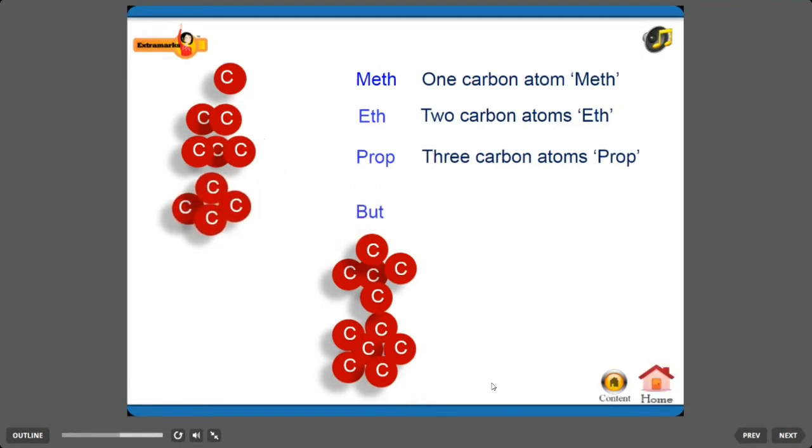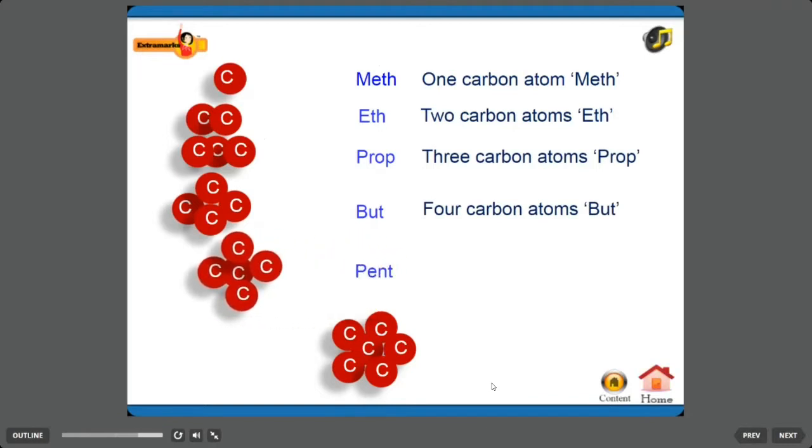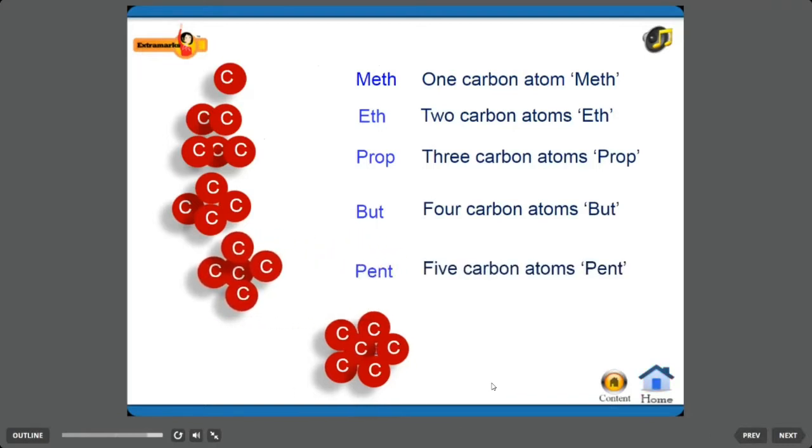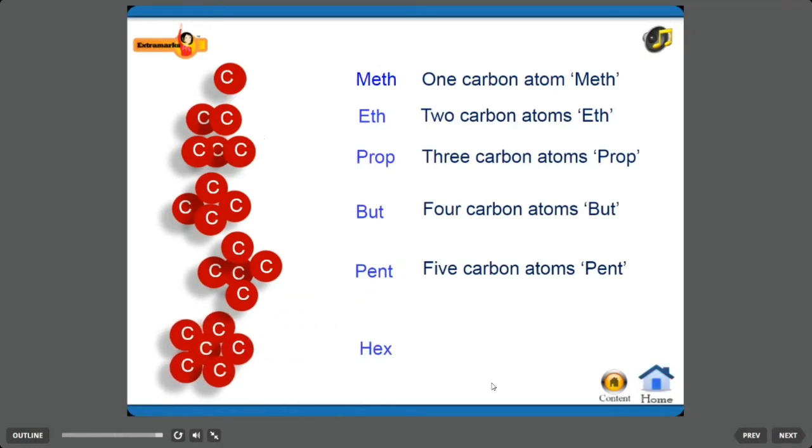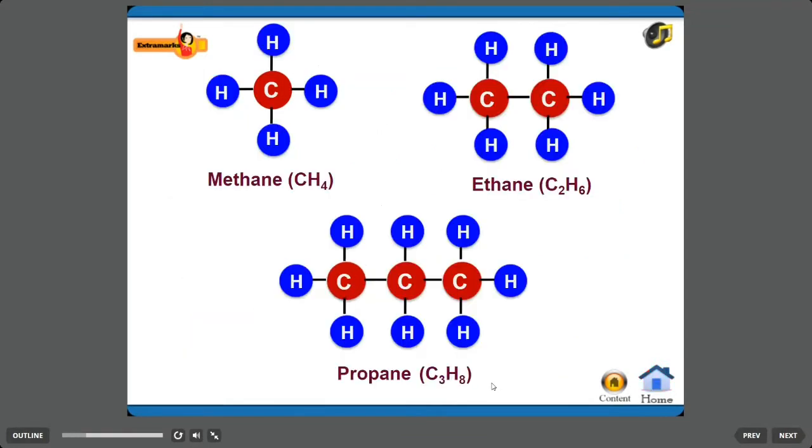Similarly, but is used for representing four carbon atoms chain. Pent is used for representing 5 carbon atoms chain, and hex is used for representing a chain comprising of 6 carbon atoms. Here structures of some alkanes like methane, ethane, and propane with their formula are shown.